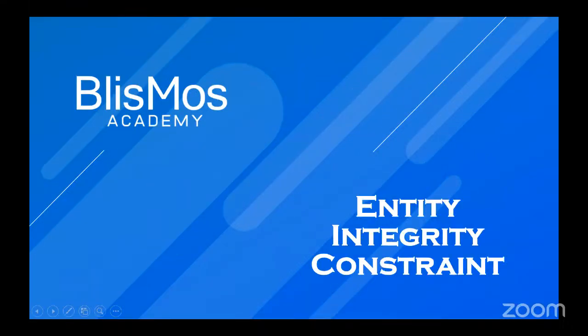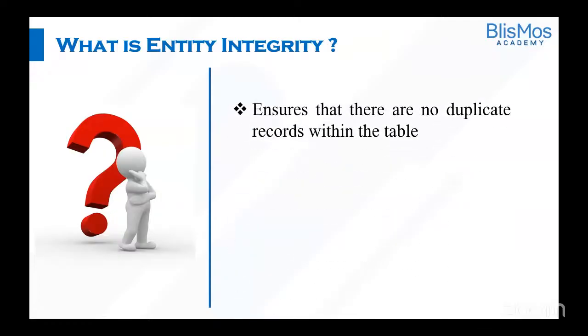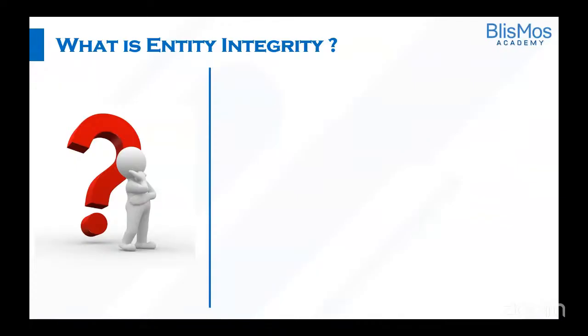Okay. So when I said entity, some of you already said entity is nothing but a relation. Relation is nothing but a table. That is what we already know. Now that we understand entity is nothing but a relation, relation is nothing but a table, how do you ensure that entity integrity is maintained?